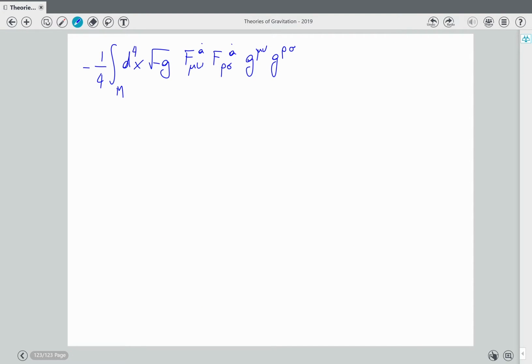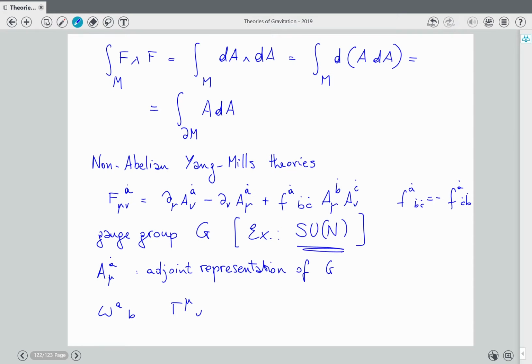And this action, as well as every term you have to write, is not only invariant under changes of coordinates, but also invariant under certain transformations that are those of the gauge group G.